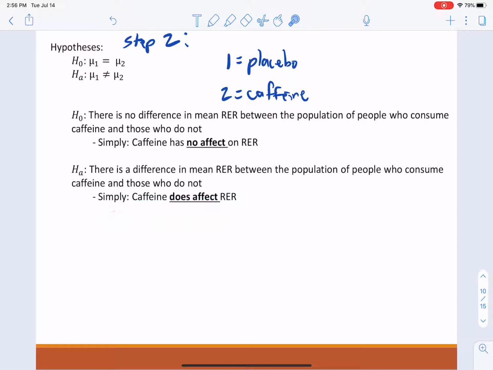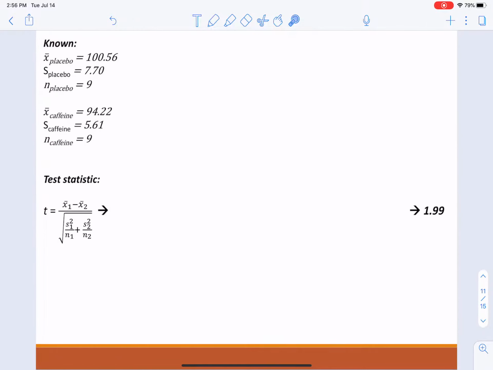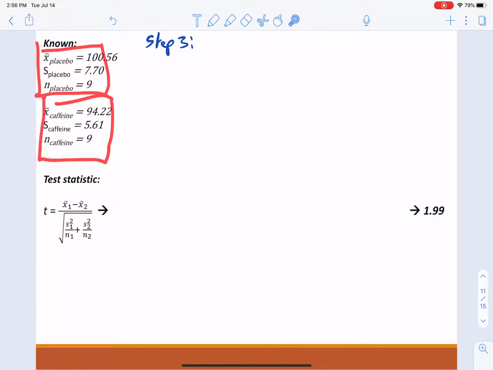Let's actually get to making that test statistic, step 3. Okay, we've got everything that we know here. This is all of our placebo group, and this is the caffeine group, with the subscript placebo and subscript caffeine. Again, as I was saying earlier, it doesn't really matter which one you decide to subtract from the other.